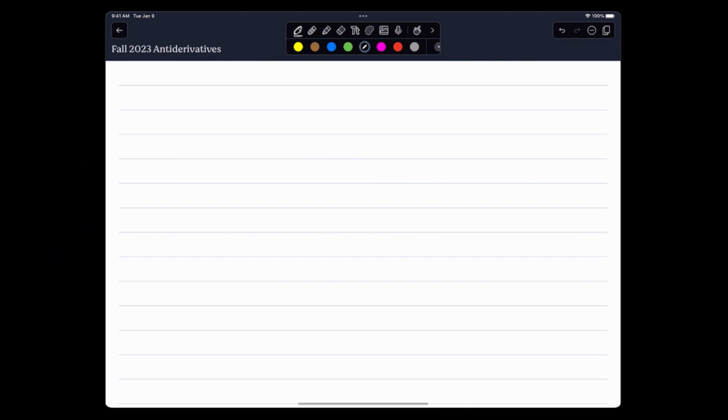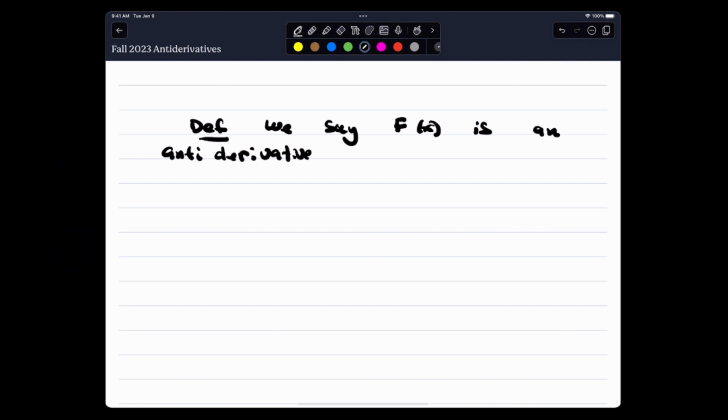So we're going to start with a definition. We say big F of x is an antiderivative of our function f, on some interval I. And you go, well, what is that interval?